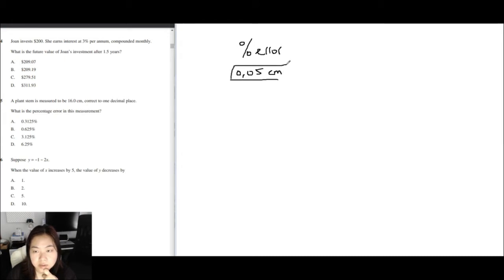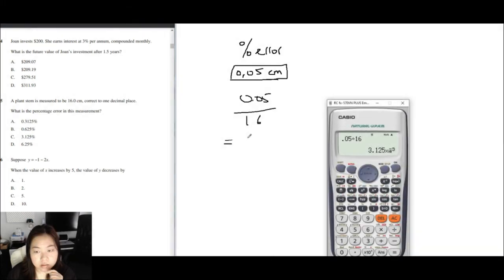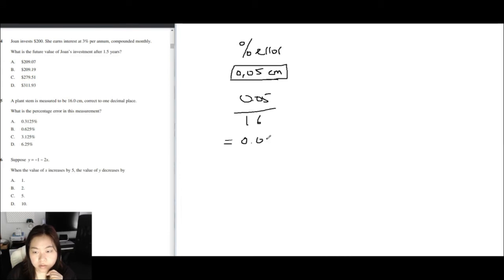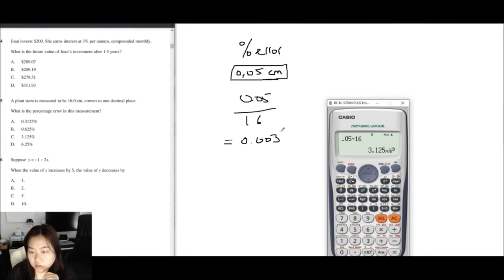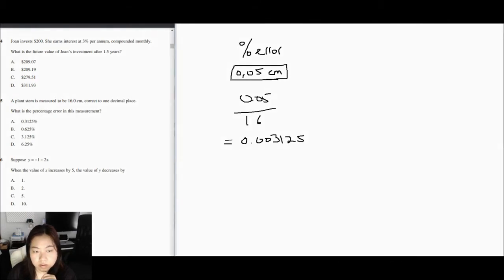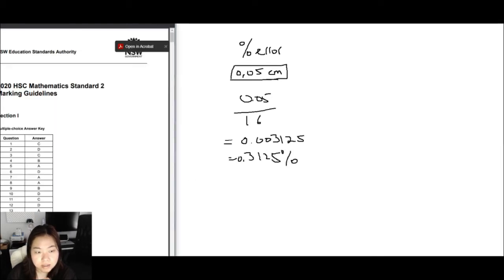That's how much of an error they could make, and that out of 16 is 0.003125, which means it is 0.3125%. I think 5 is A.